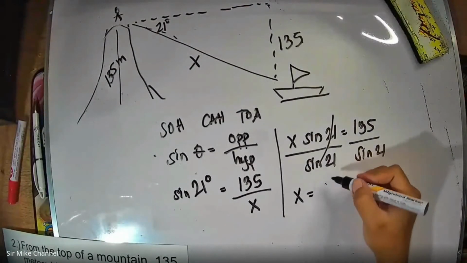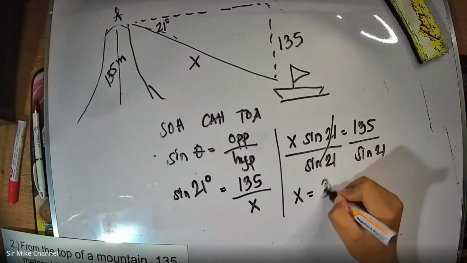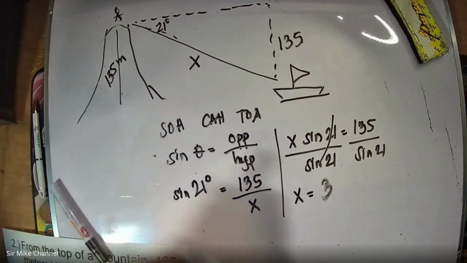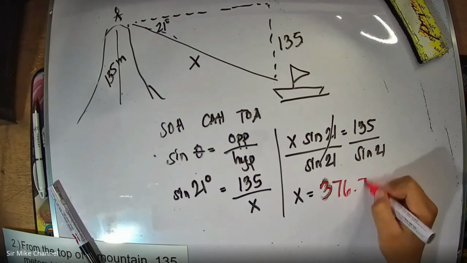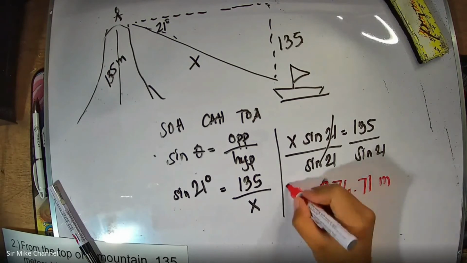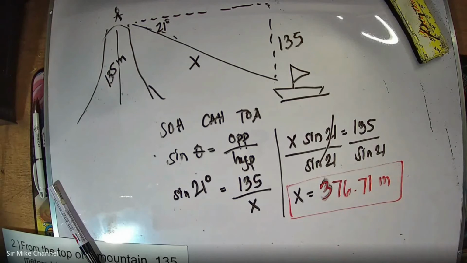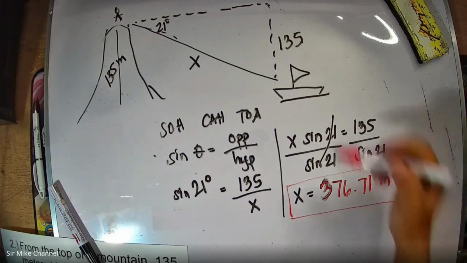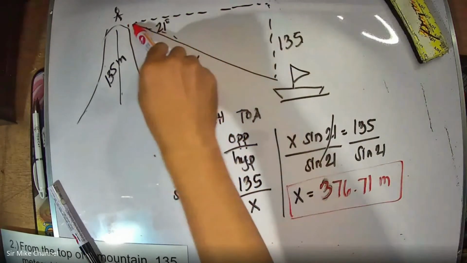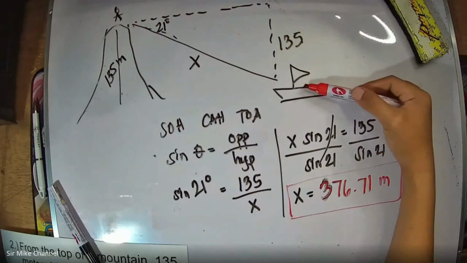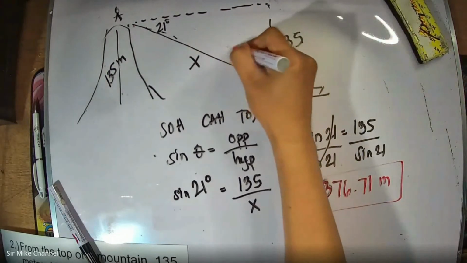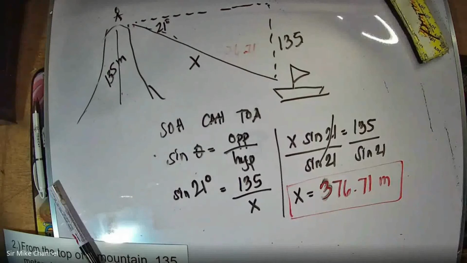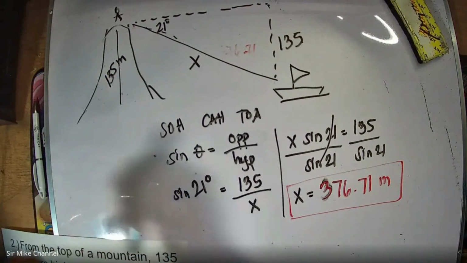The answer is 376.71 meters, the unit we used. This is the distance from the top of the mountain to the ship. That is the final answer.